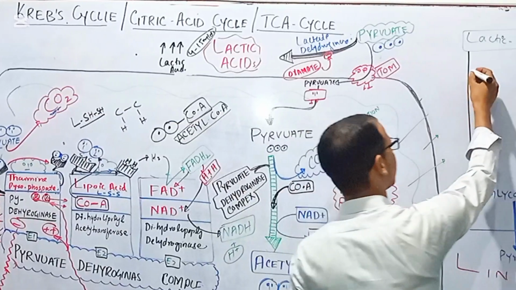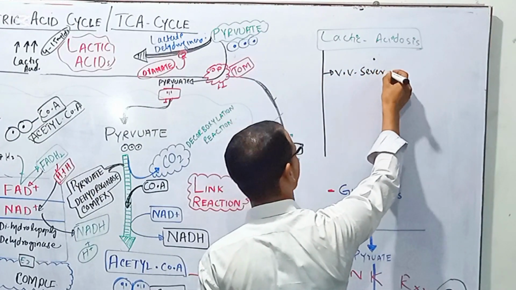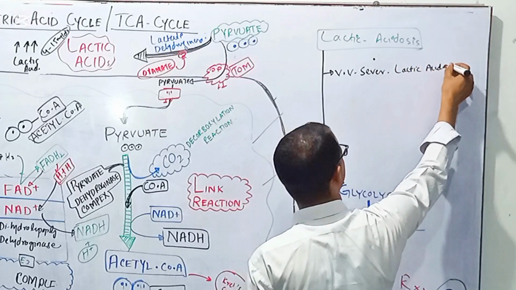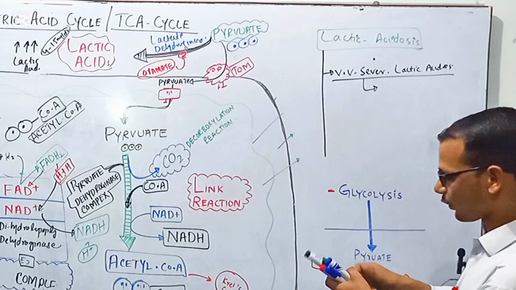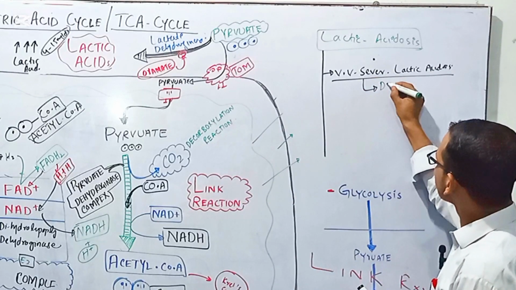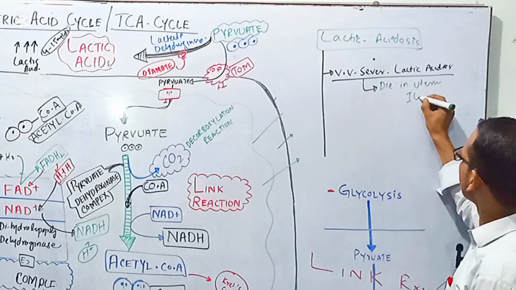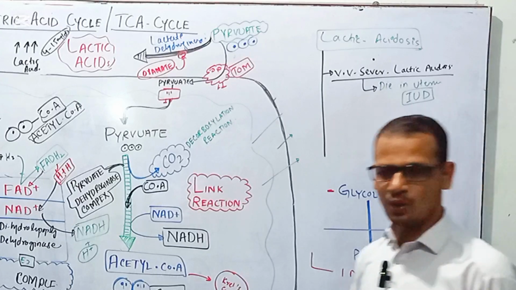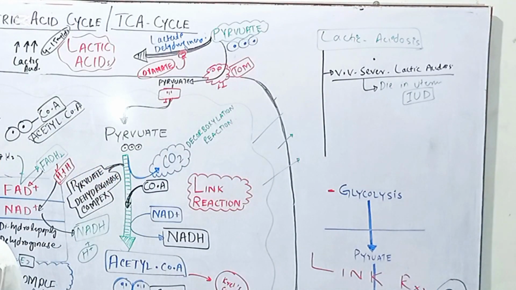The first condition is very severe lactic acidosis, and in this case the fetus will die in the uterus, and this condition is called intrauterine death. So now I hope you know why intrauterine deaths occur. They occur due to lactic acidosis, right?